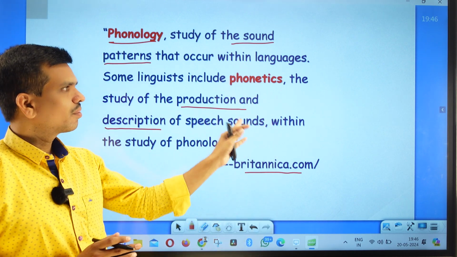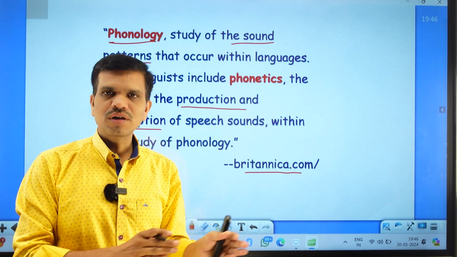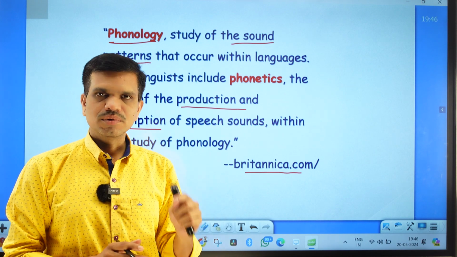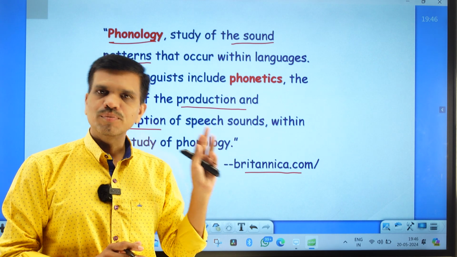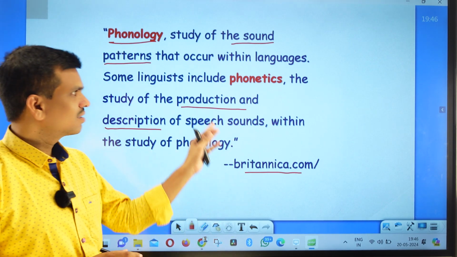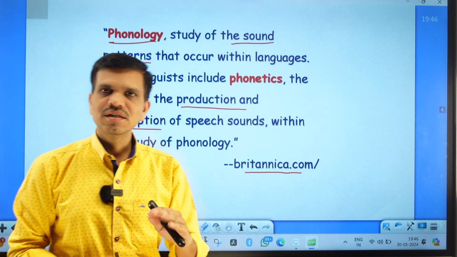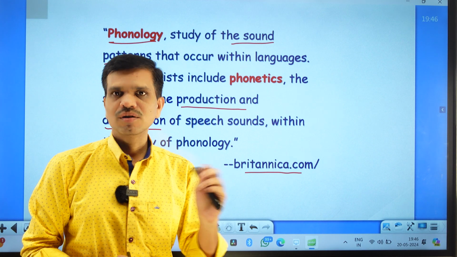So these are basic concepts. Most scholars, laymen, or students who study linguistics consider these two terms similar, but there is a minute difference. Phonetics directly considers the production of sound, whereas phonology considers the pattern of sound.